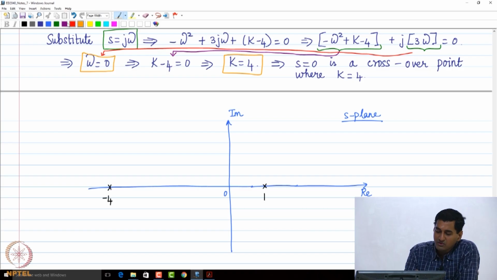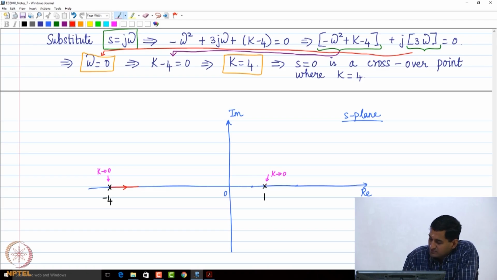We already know that one branch of the root locus is going to start from -4. We are always going to have the root locus start at an open loop pole as k tends to 0.